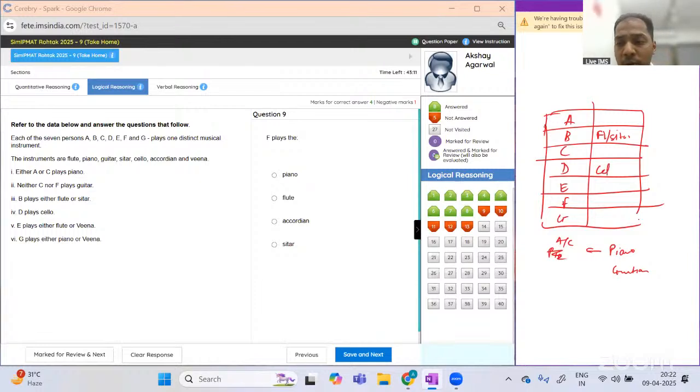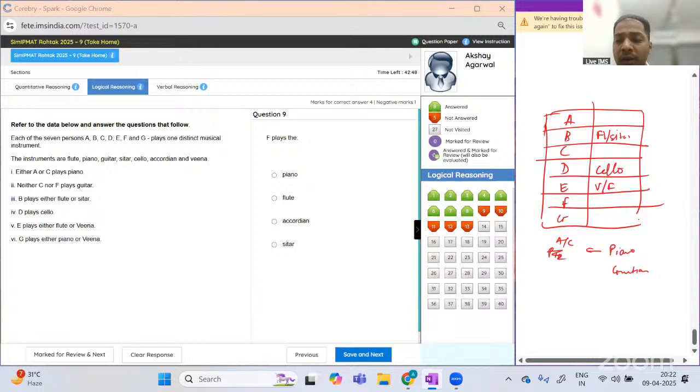D plays cello. E plays either flute or veena. So basically, if B plays flute, this person cannot play flute. So this person would play veena. But if first person plays veena or flute, we'll have to keep that in mind.